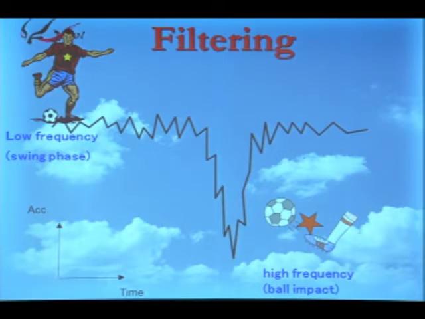As you can see, the kicking motion has two frequencies. One is a low frequency during the swing phase. But the foot hits the ball and is suddenly decelerated backward. That causes a high frequency component on the signal.